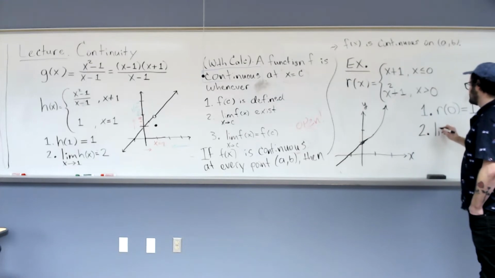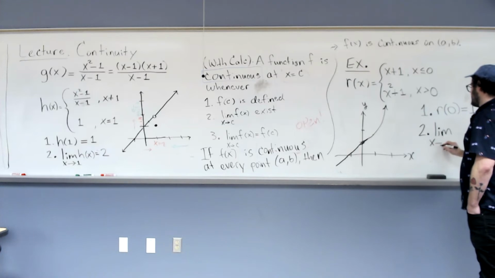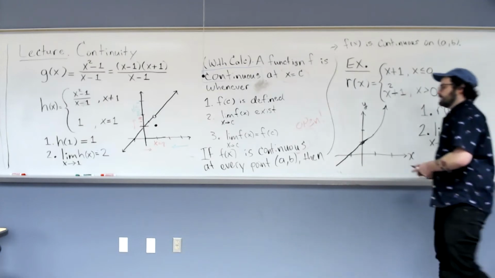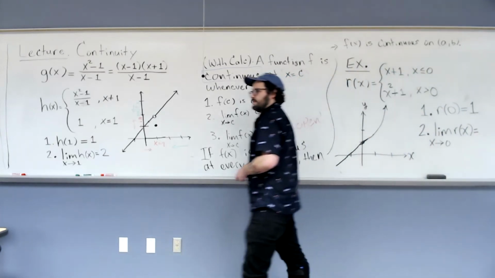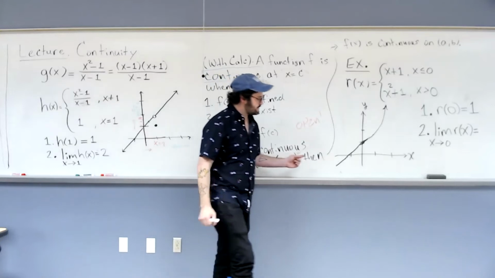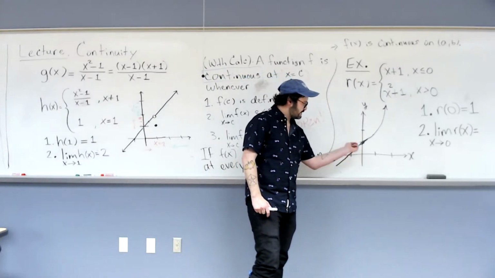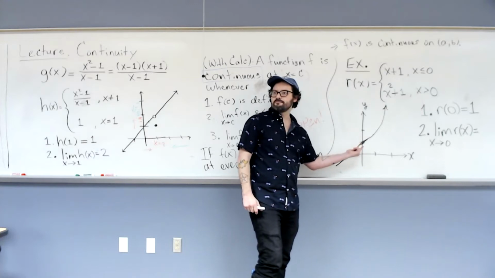Part 2. What is the limit as x approaches 0 of this function? Well, if we head towards 0 from this way, right? It's like we're heading towards 1, right?